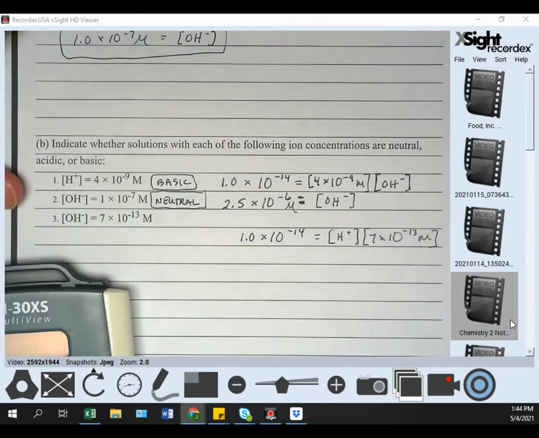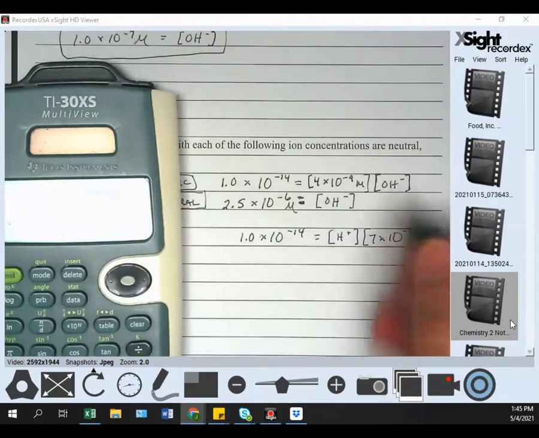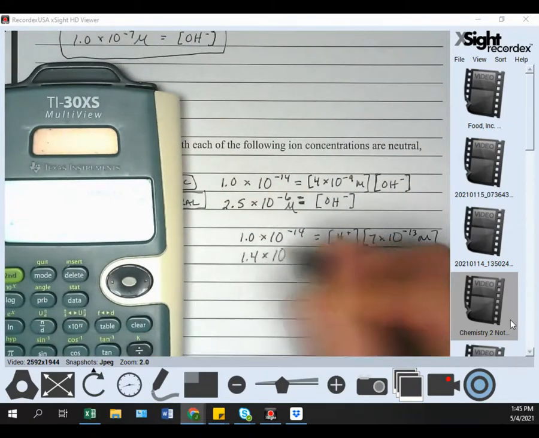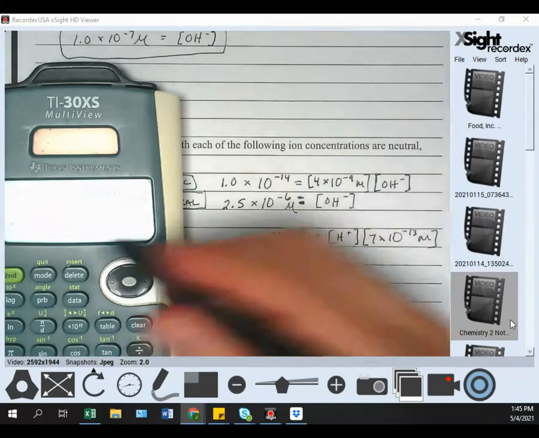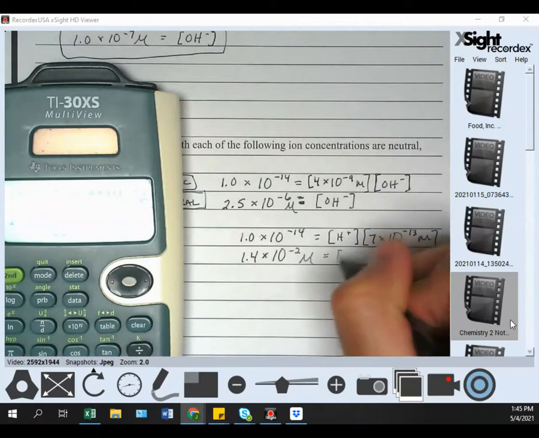So yep, we end up with essentially 1.4 times 10 to the -2 molar for the hydrogen.